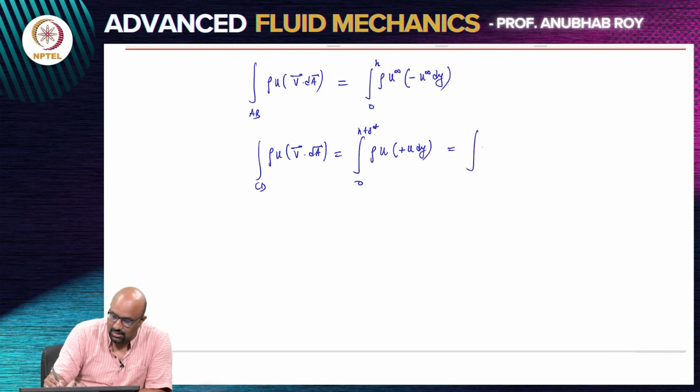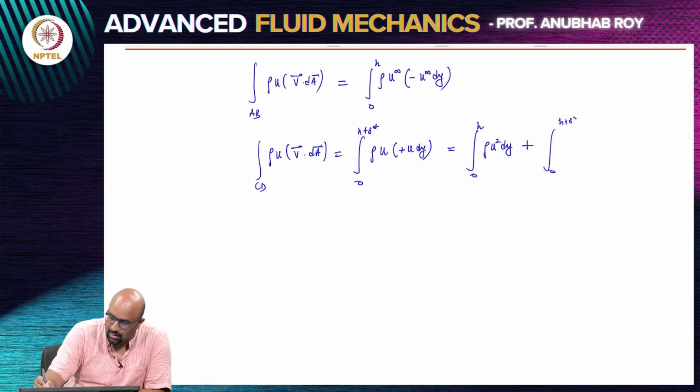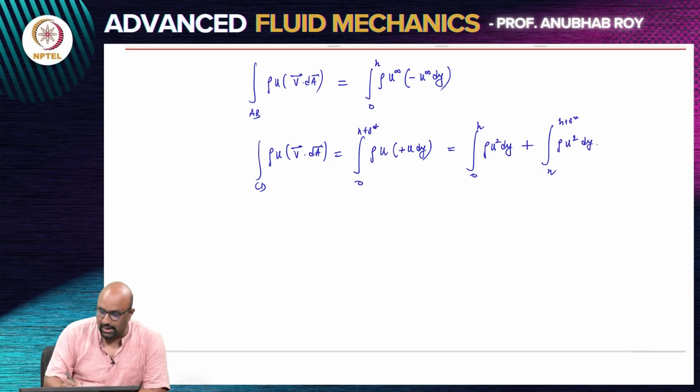So, this is rho u square dy, 0 to h, plus rho u square dy from h to h plus delta star.